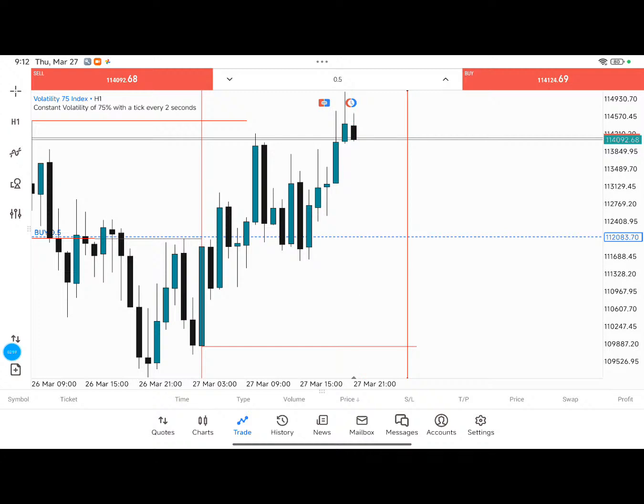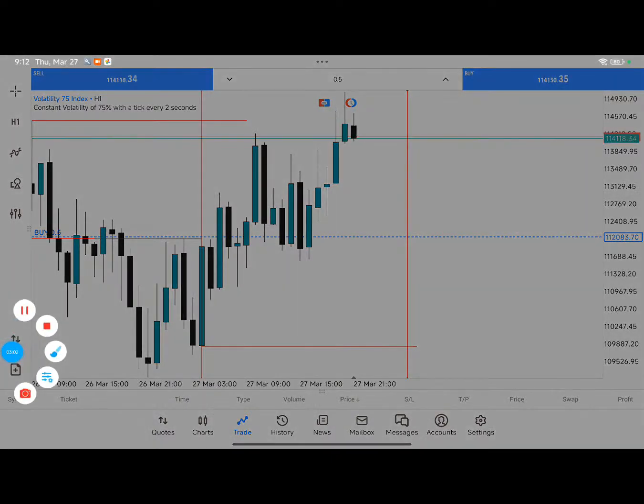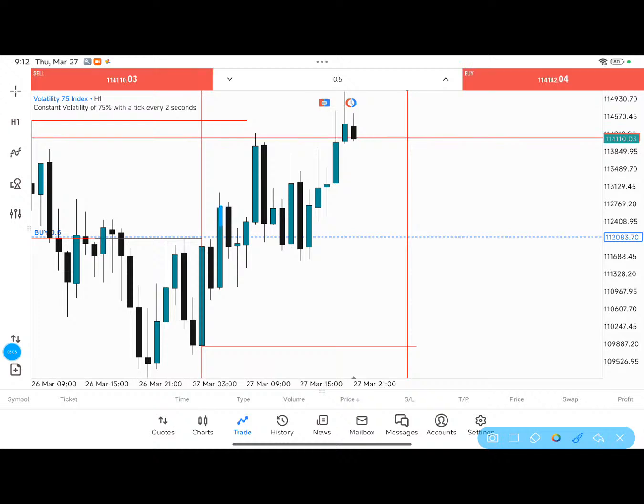Let me zoom out so that I'll be able to explain further. On the chart, this particular bullish candle, you could see how this bullish candle used this bearish candle in here, and it acted as an order block, and you could see how price rejected severally when price retraced into this particular bearish candle in here.